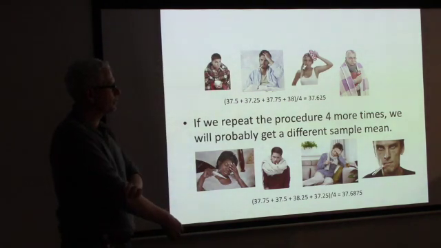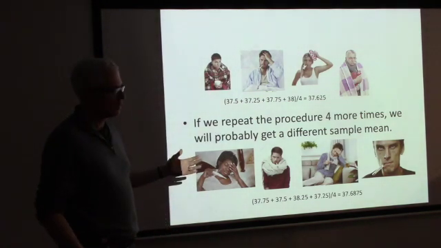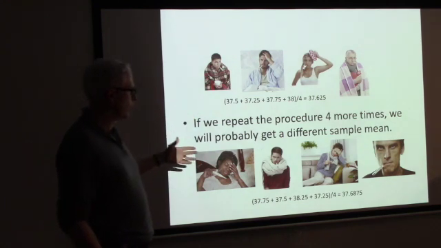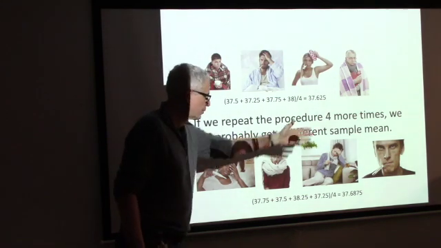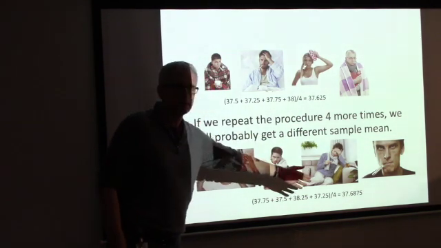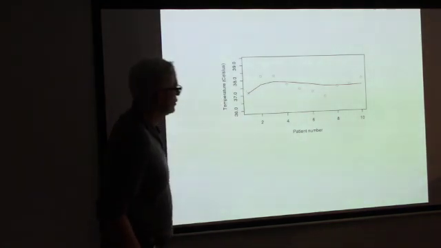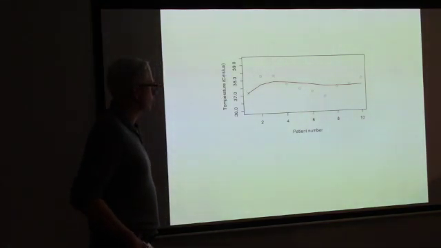Now the thing about sample means is they change. If you repeat the procedure again and take 4 different people, you'll get a different mean. So here I'm kind of simulating that process.